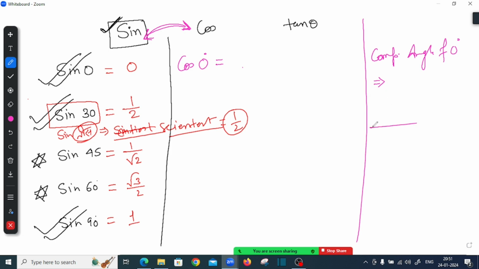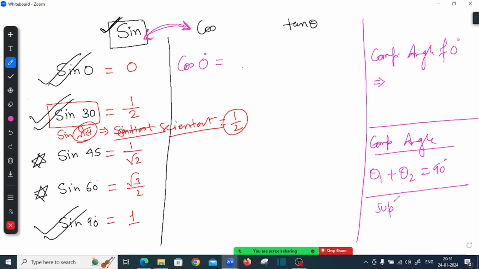These are fundamental. Complementary angles are those pair of angles whose sum is 90 degrees. What is the supplementary angle? Those pair of angles whose sum is 180 degrees, right?